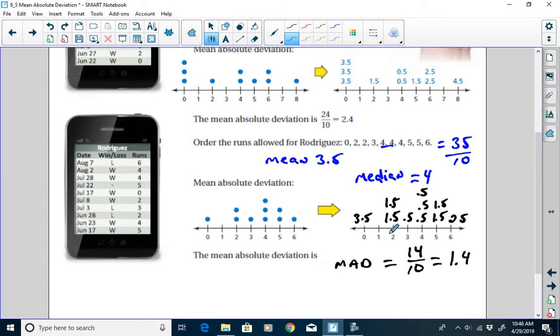It means Rodriguez is a more consistent pitcher, meaning he's going to be closer to his average each and every outing. He's not going to give up a ton of runs, like 8 runs, and he only gave up 6 once. But he may not have as many 0-run outings either. He's only got 1 0-run outing, but Mendoza has 3.